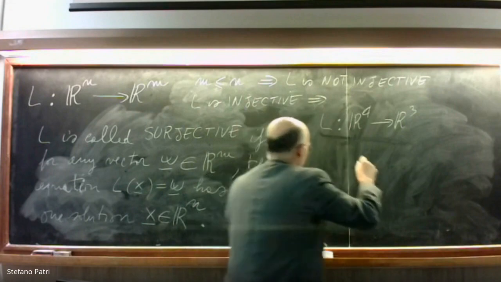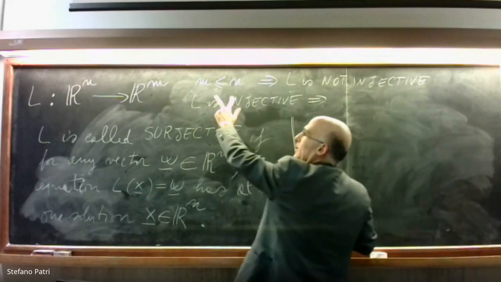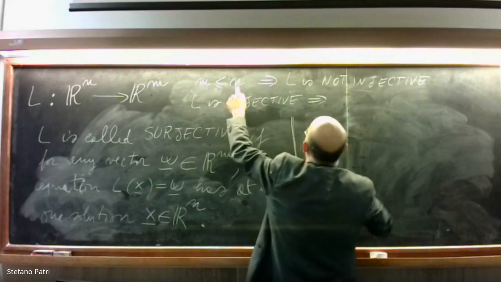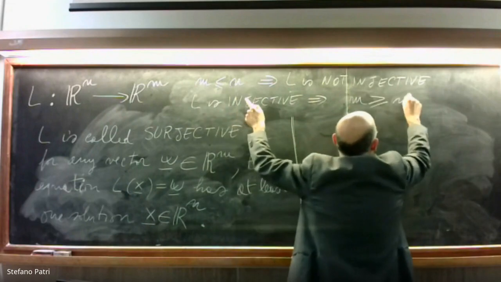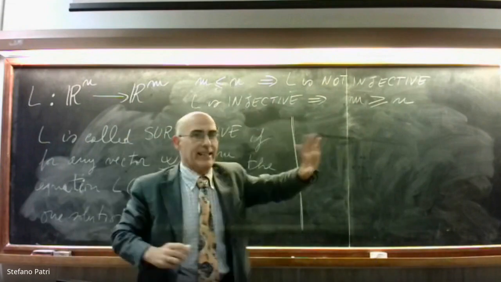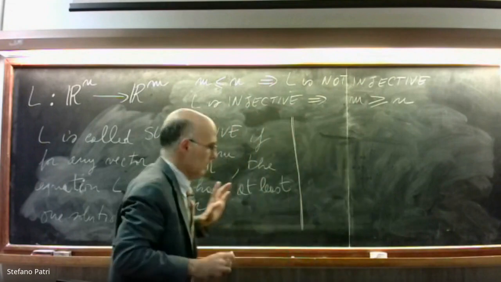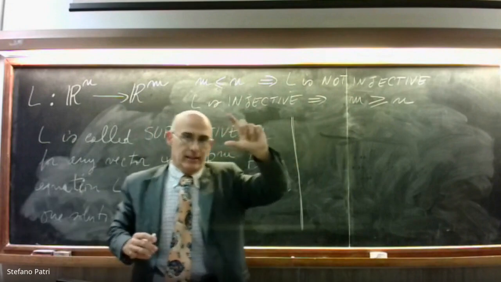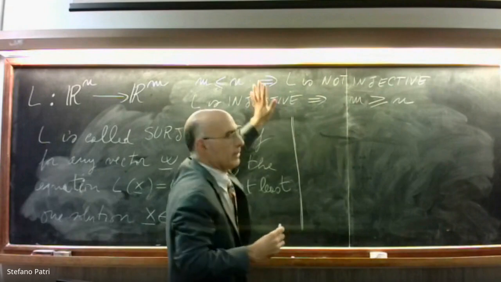What is the opposite property of M less than or equal N? It would be M greater than or equal N. Okay? Two equivalent statements of the same theorem. These are not two theorems, but different equivalent statements of the same theorem.